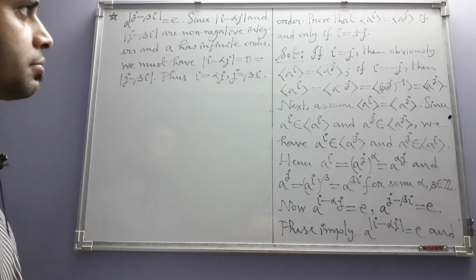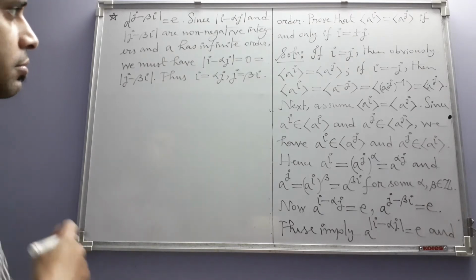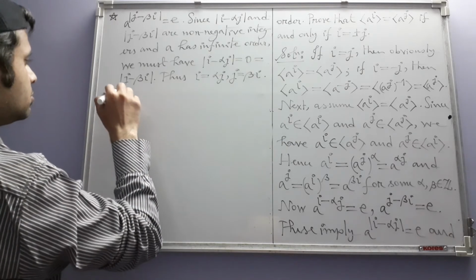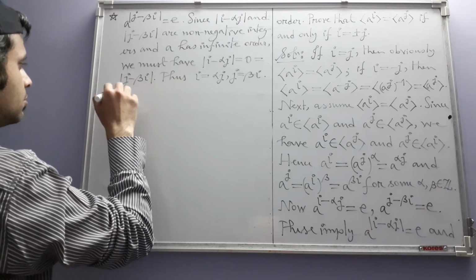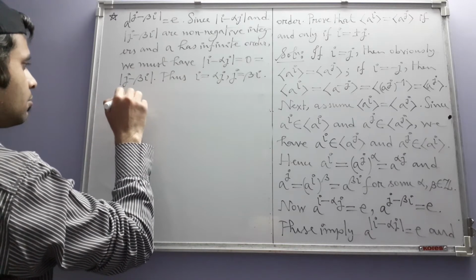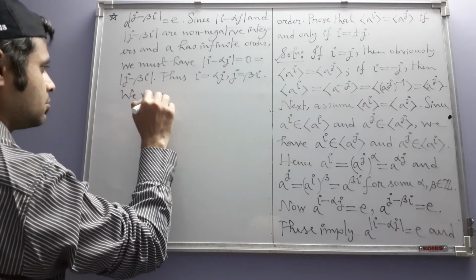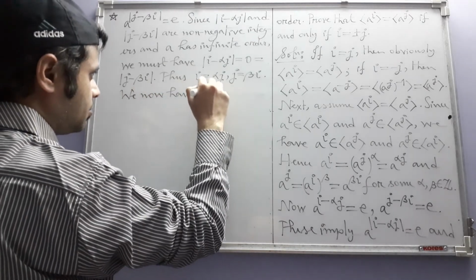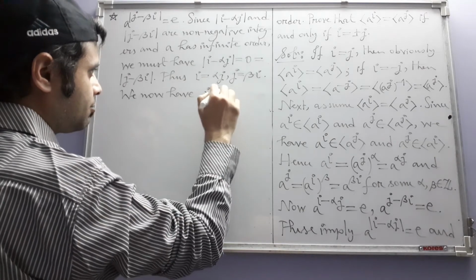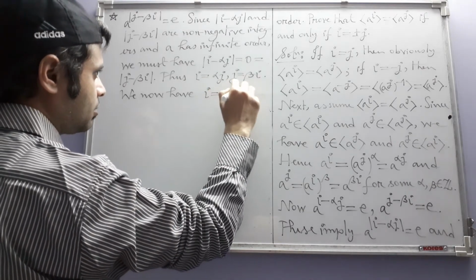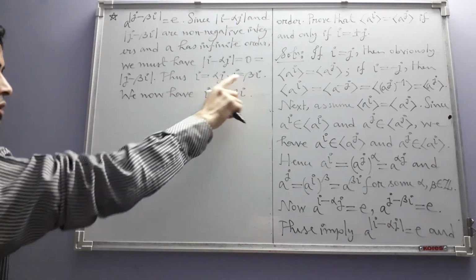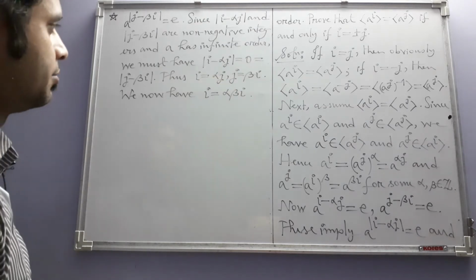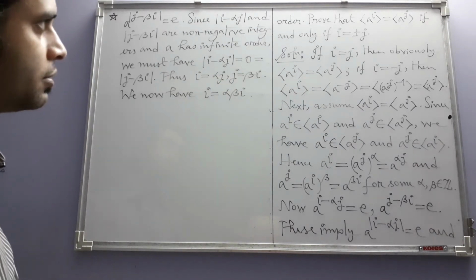Okay. We now have what? i equal to alpha beta i. We have used j equal to beta i here. Okay.